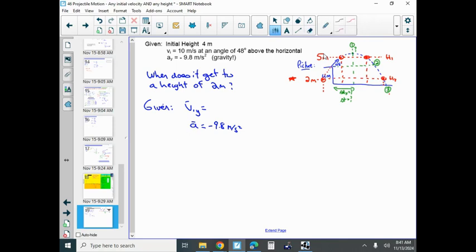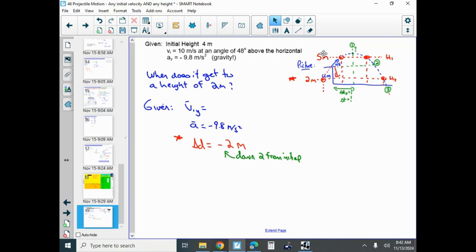So we have the displacement equals what to get to there? Our displacement is down 2 meters, right? So negative 2 meters. So notice that it's negative because it's down 2, right? Down 2 from the initial, yeah.